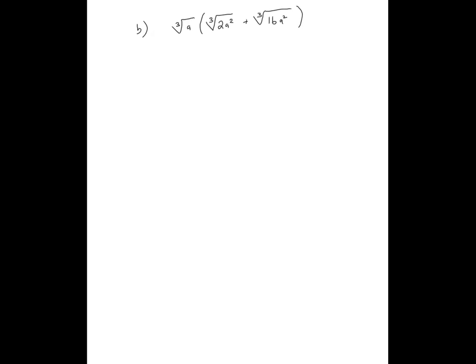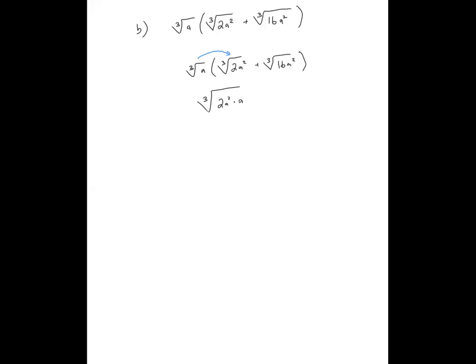All right, so rewrite this problem. Third root of a, open parentheses, third root of 2a squared plus the third root of 16a to the power of 2. We're going to multiply here. They both have the same index, which means we show it once. Everything else goes on the inside. I'm going to show my 2a squared first, and I'm going to show the a afterwards.